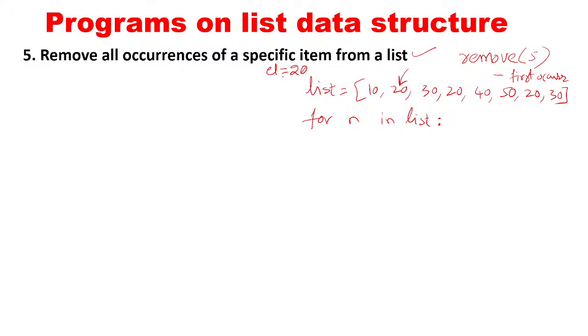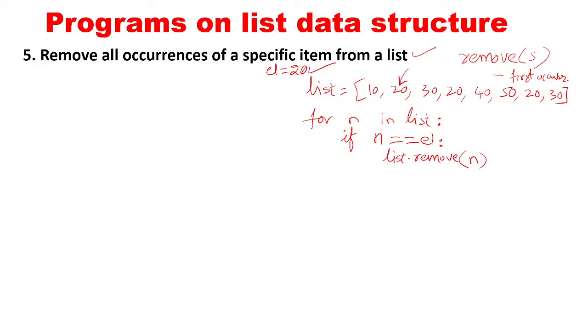Which element you want to delete, you should store in a variable called element. For n, you will get the first number. If n is equal to element, then you say remove that number from the list. You can use the remove function; it simply removes the element. So you say remove n here.